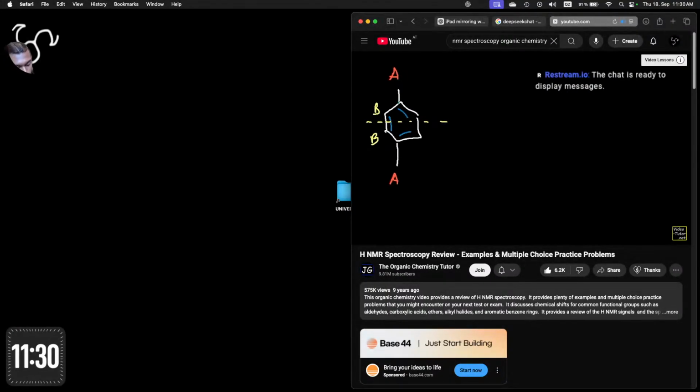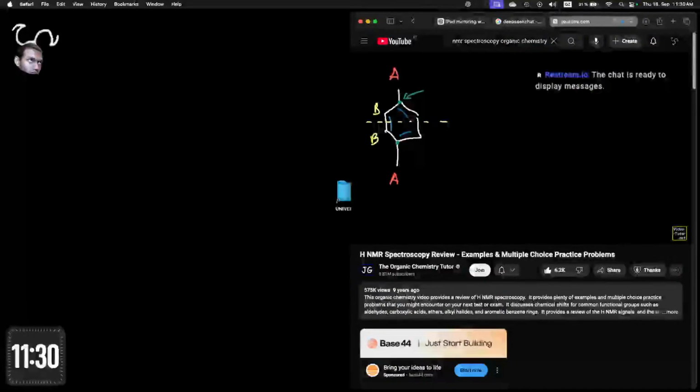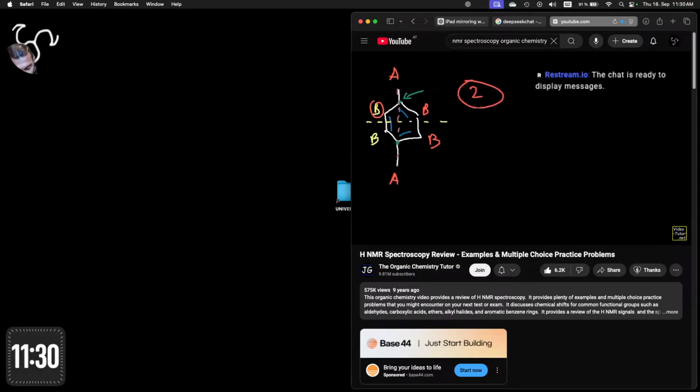Now, there's no hydrogen atoms on this carbon. So we shouldn't see a signal there in HNMR. But for CNMR, you would. Okay. Now, notice that we can also draw a vertical line of symmetry. So across the vertical line, these two are identical to each other. So all 4 of those CH bonds are similar. So therefore, there's only 2 signals in this particular molecule.